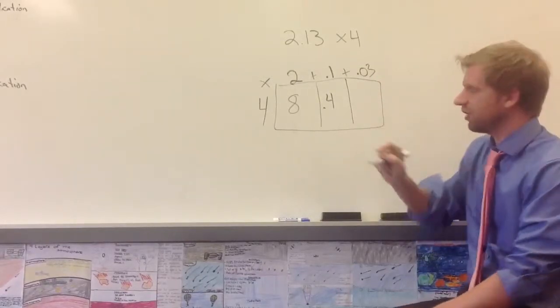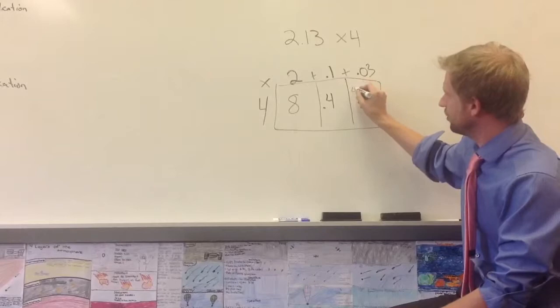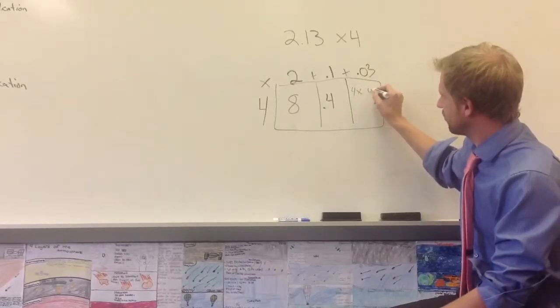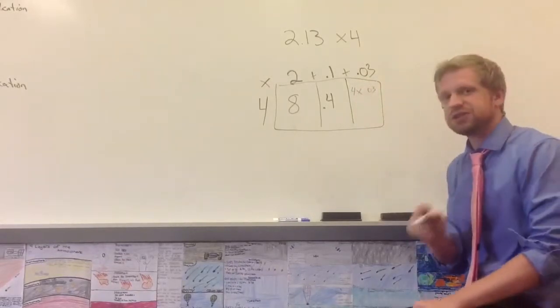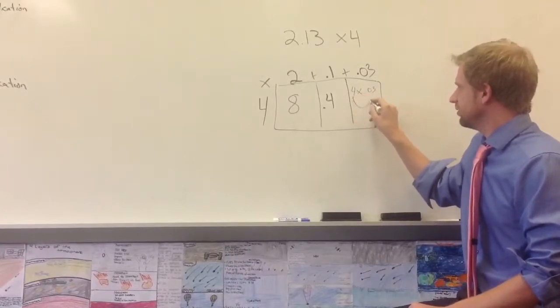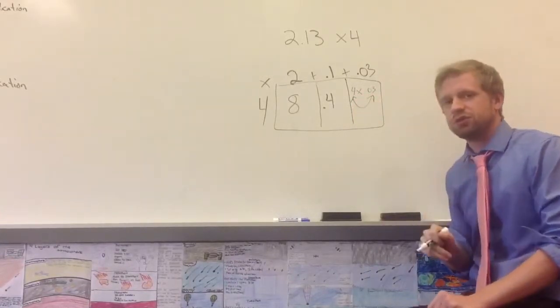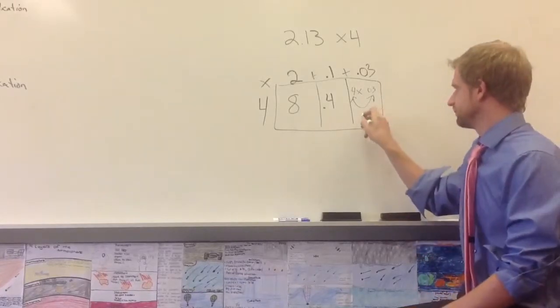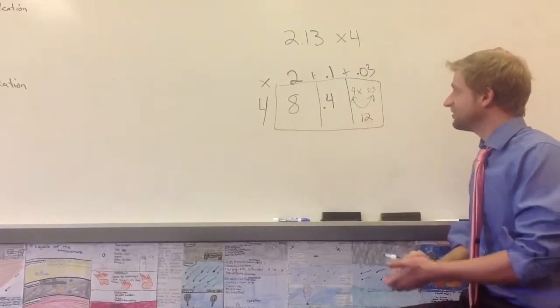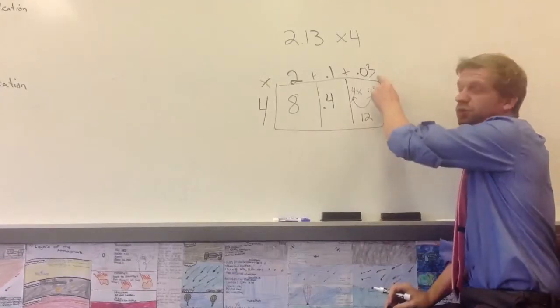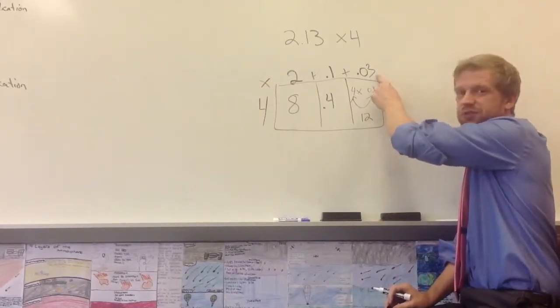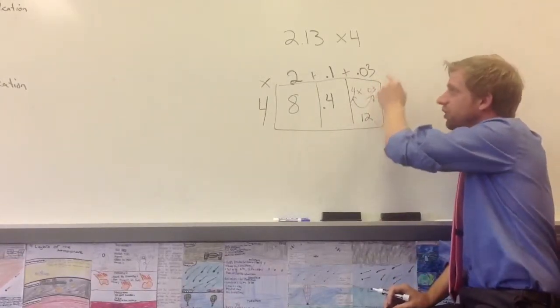Well, that was a little tricky, so I'm actually going to write that out. 4 times 3/100ths. And the first thing I'm going to do is worry about the 4 and the 3. 4 times 3 equals what? 12. So it's saying I have 12 in the place value we're multiplying by. What place value is it? The hundreds. So 12/100ths.